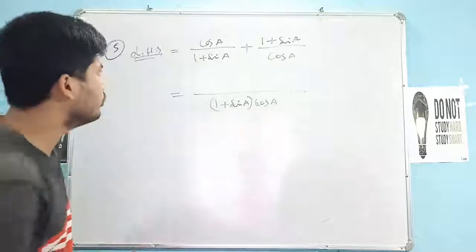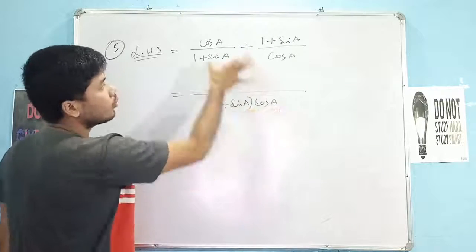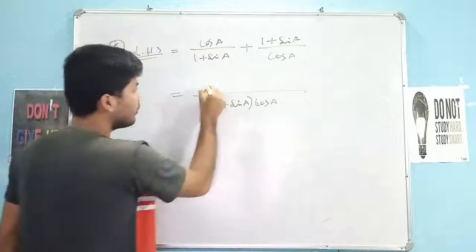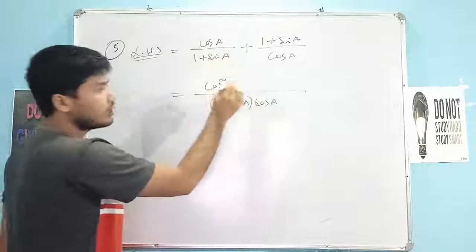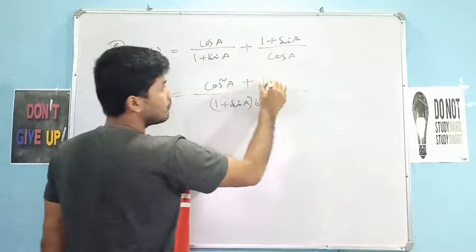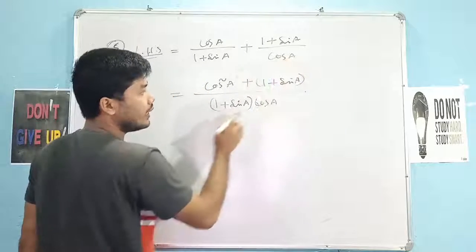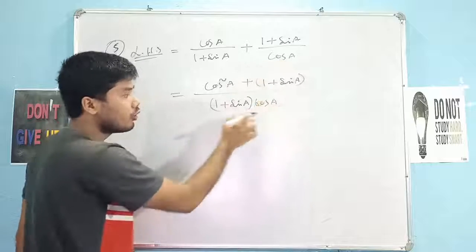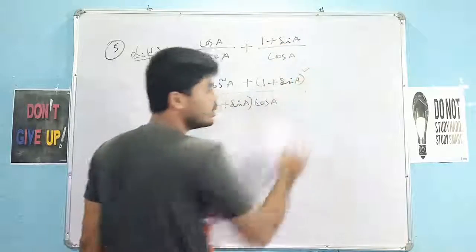What is the LCM? 1 plus sin A into cos A. Yes, there is nothing to do. So divide it by this one, and you will get cos A into cos A, that is cos A whole square, plus 1 plus sin A into 1 plus sin A, that is 1 plus sin A whole square.